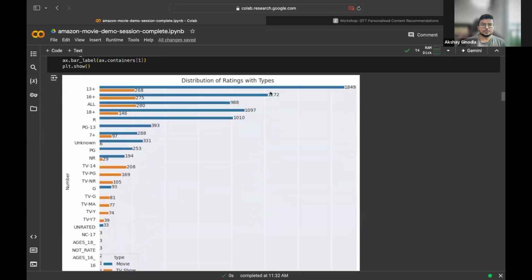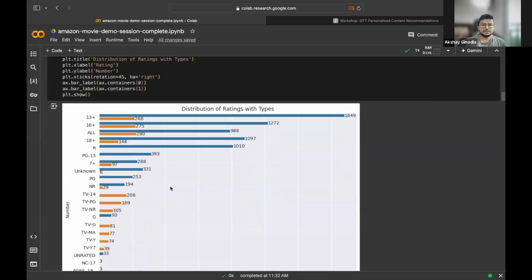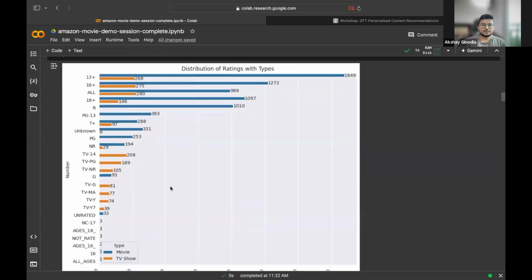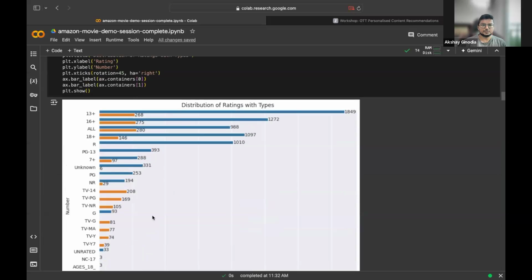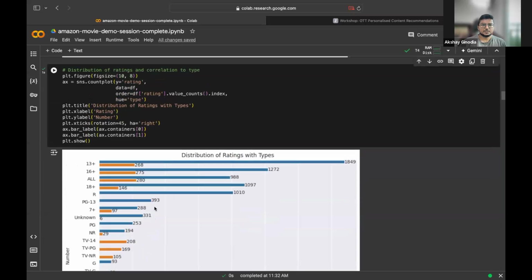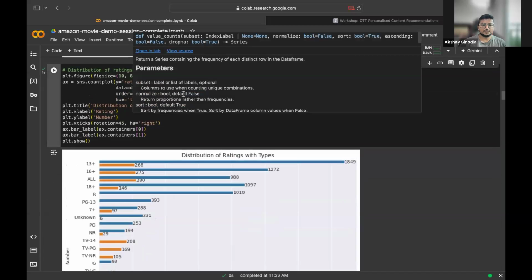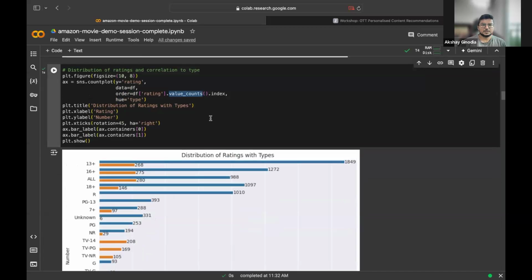So we are now going to look at the distribution of rating, but segregated by movie and TV show. We are still using value counts for looking at the distribution, but now we are segregating with hue, which is using the type.